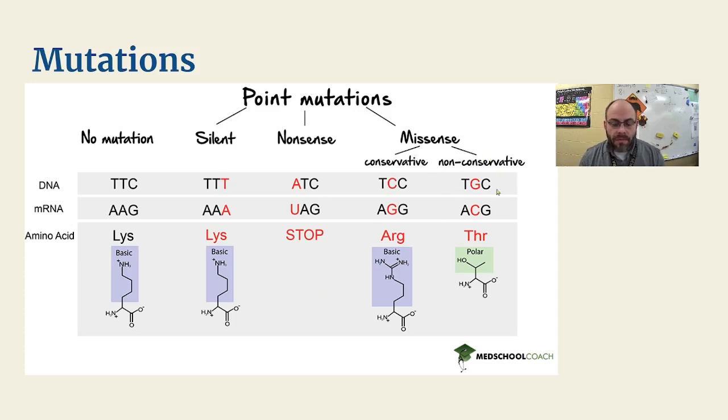Whereas non-conservative means that it's completely different. Instead of basic, you get polar. Instead of non-polar, you get acidic, or whatever. Those types of amino acids are not so important, but I'm just hitting on the idea that there are different kinds of missense. But if you just understand missense being a different amino acid, and that then affecting the shape of the protein, you're going to be fine.